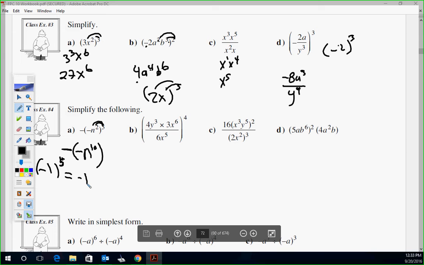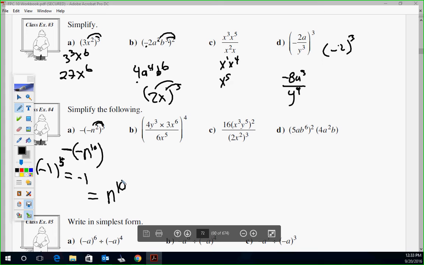Here, odd exponent, a negative number, this stays negative. This is where you're going to miss your problems. All of you guys can go 5 times 2. I'm confident in that. But keeping track of your negative is what's going to make the difference between you getting it right or wrong. So the negative 1 to the 5th is a negative, so it just stays negative. The reason that's important is because now you have negative, negative, which makes it positive. So N10 is your simplest answer there.